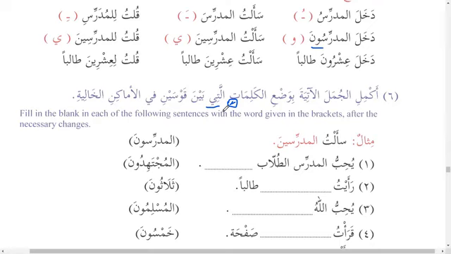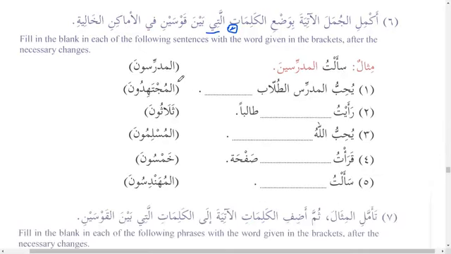Bayna is a dharf, and dharf and mudaf ilayh, they can be the subject, they can be mubtada as well. Okay, bayna qawsayni, between the brackets, fil amakin al-khaliyati, fi harf jar, al-amakin majroor, al-khaliyati is the sifa of al-amakin, fil amakin al-khaliyati, in the blanks. So we have to fill in the blanks by using the words that we have in the brackets.